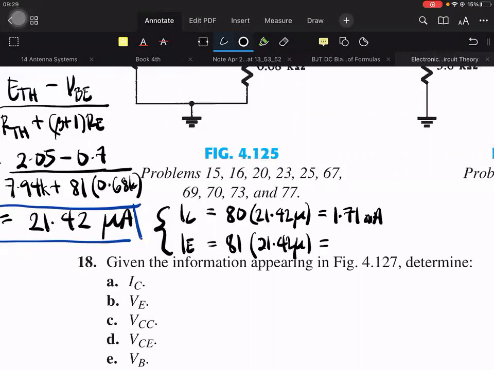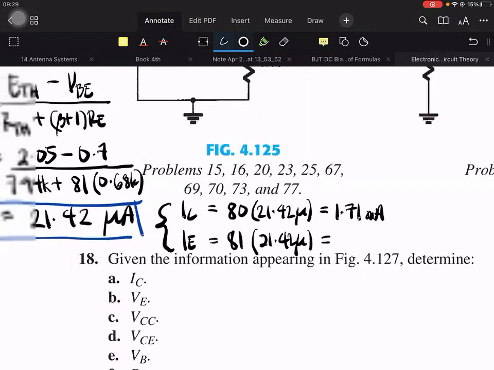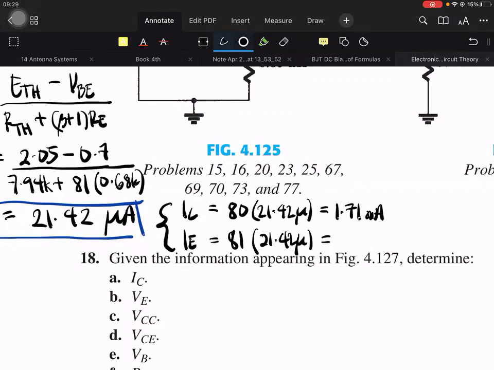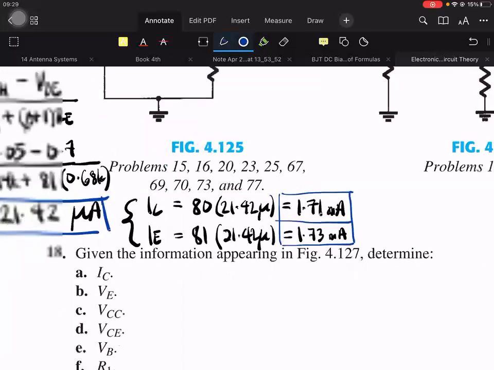IE is 1.73 milliamperes. Yes. IC and IE.